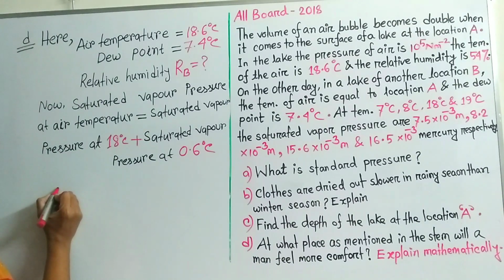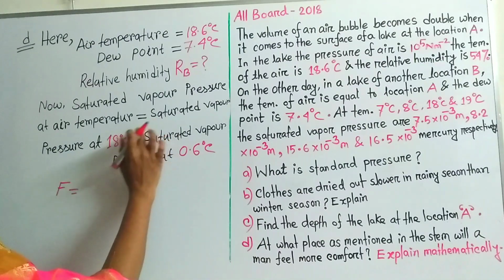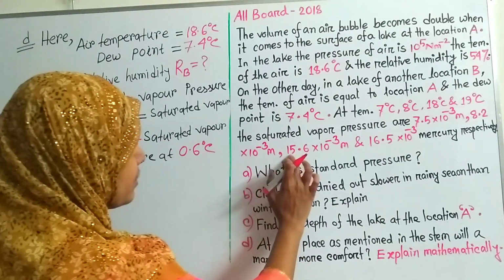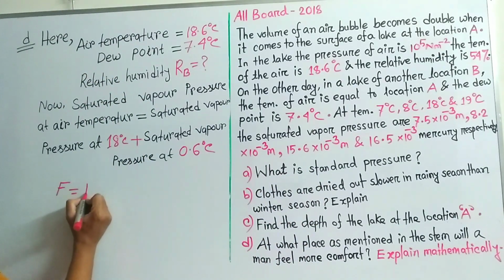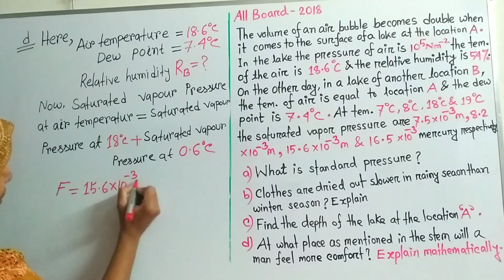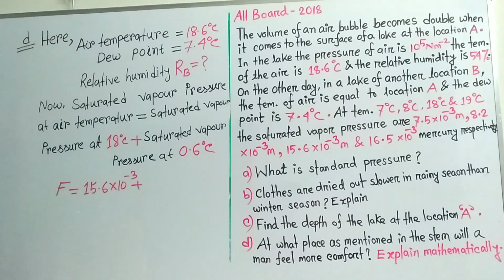So now capital F is equal to the saturated vapor pressure at 18 degrees Celsius, which they give as 15.6 into 10 inverse 3, plus the saturated vapor pressure at 0.6 degrees Celsius.